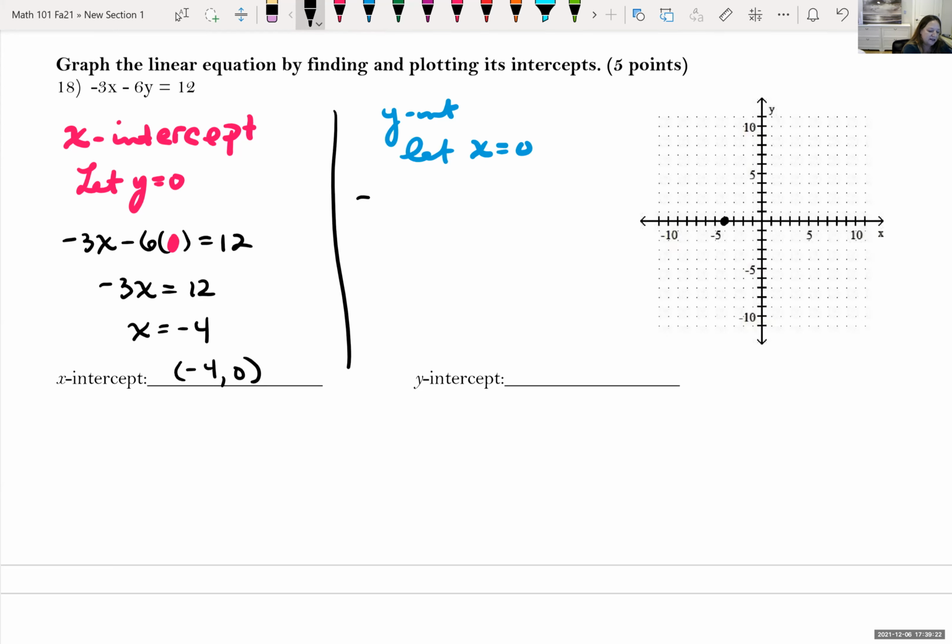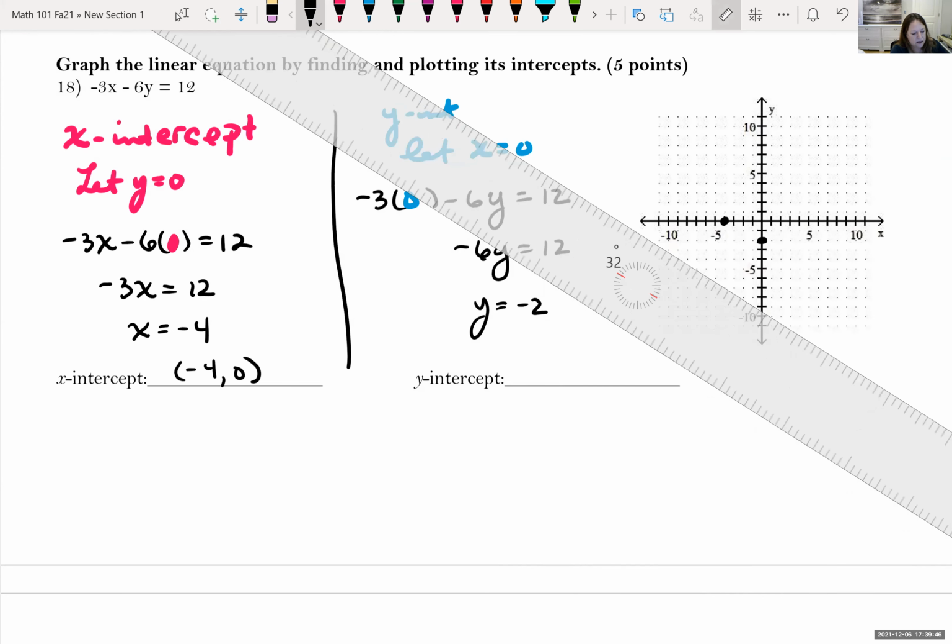And so we have -3 all times 0 minus 6 times y equals 12. So -6y equals 12. Divide both sides by -6. We get y is equal to -2, which is right here.